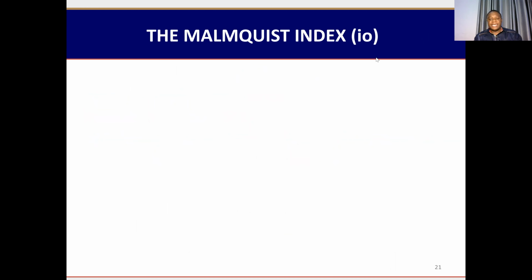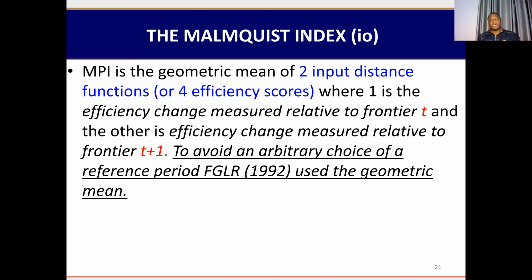We are now ready to estimate the Malmquist productivity change index. How do you go about it? Well, this is it. Focus here. When we talk about a Malmquist productivity change index, we are actually talking about 4 different distance functions.